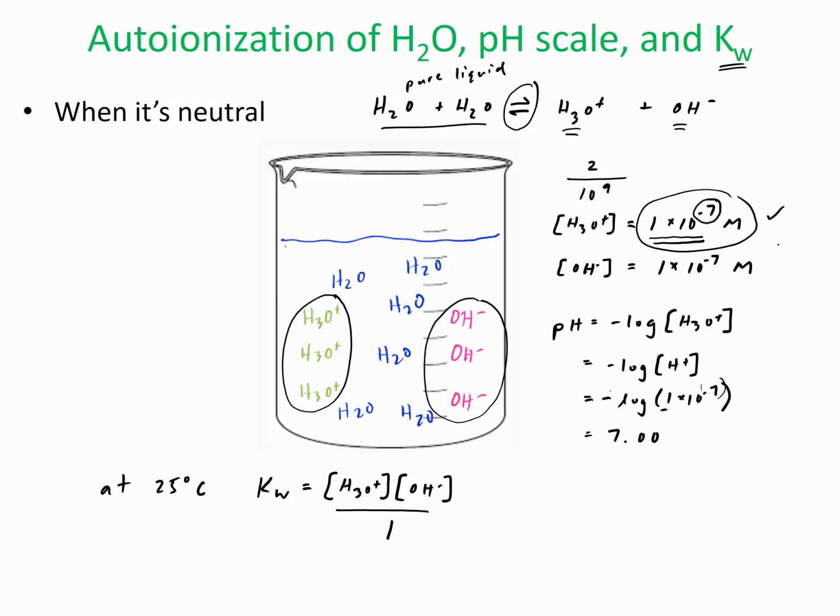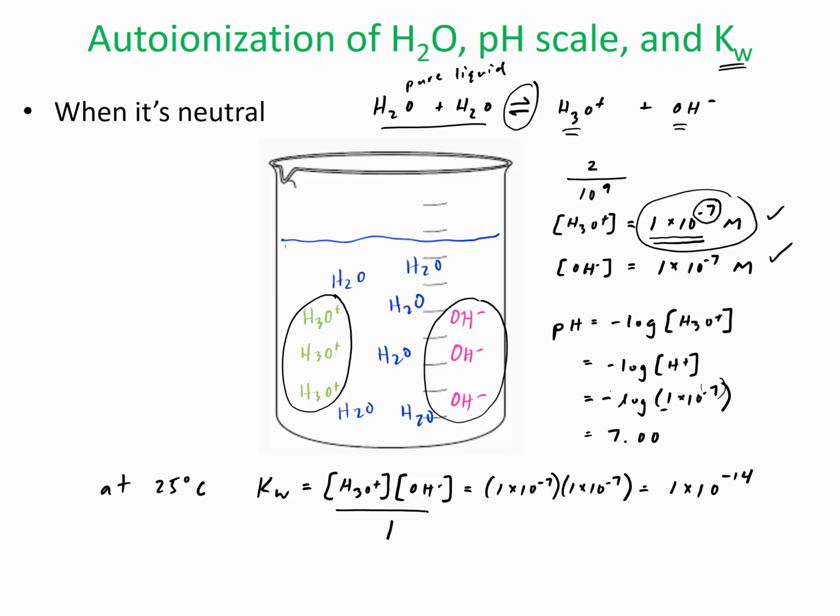So if we know this and this, we can calculate Kw at 25 degrees. So it's going to be 1 times 10 to the negative seventh times 1 times 10 to the negative seventh, or squared. And this is what Kw is: 1 times 10 to the negative 14th.